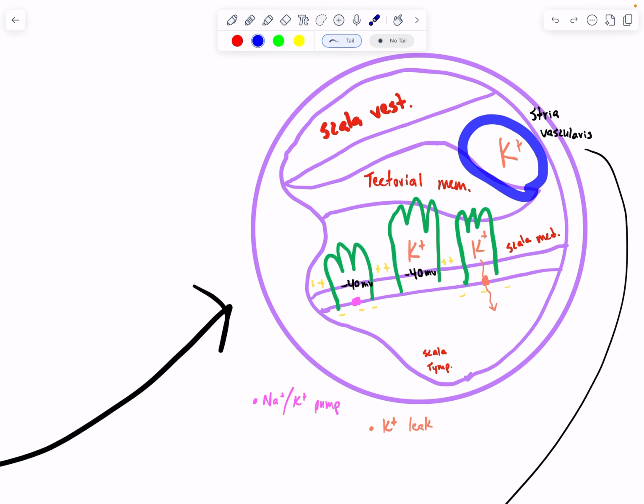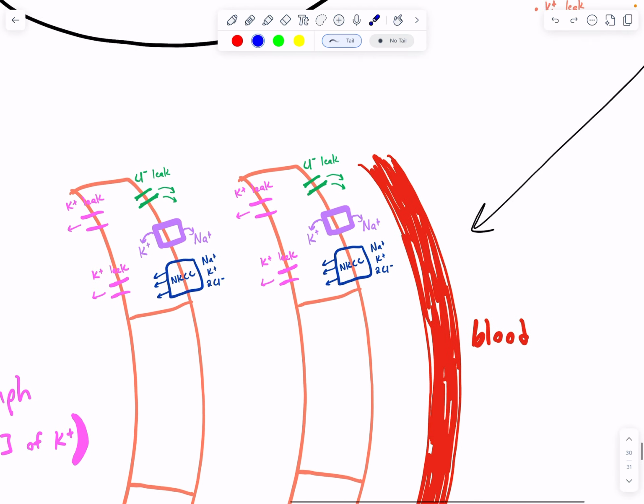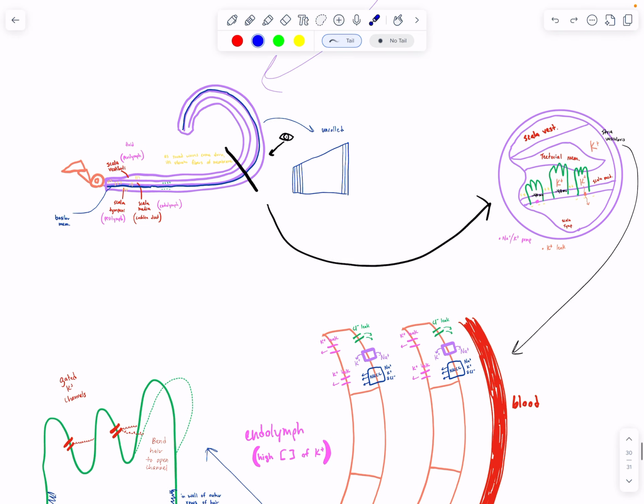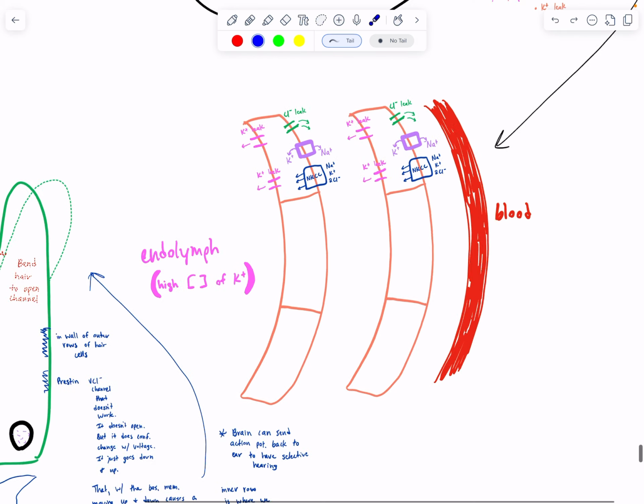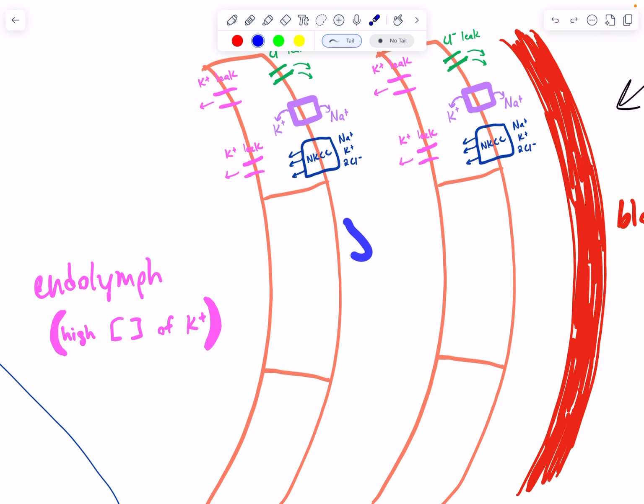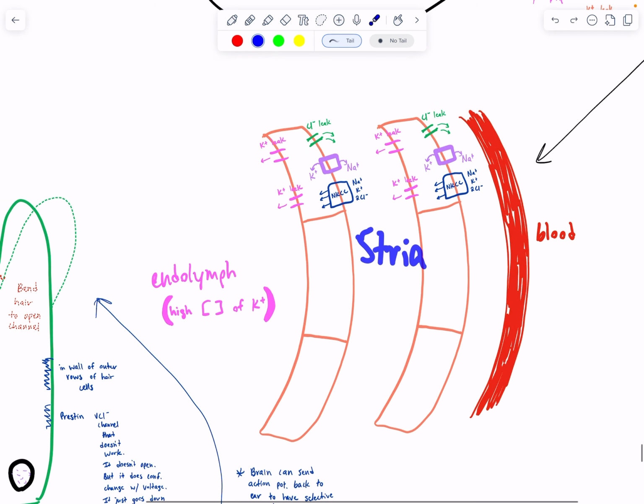The scala media has so much potassium because if we zoom in on this little part up here in the top right corner, this little layer, it's called the stria vascularis. If we take that layer and come down here, this is the stria, and on each side we have different channels.